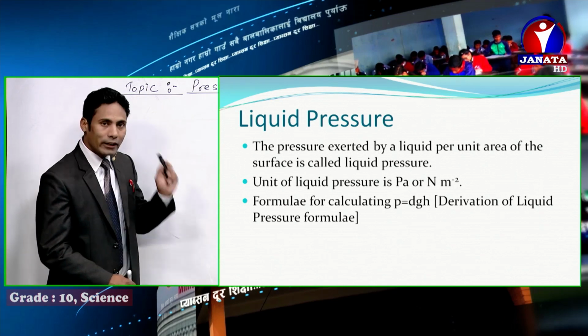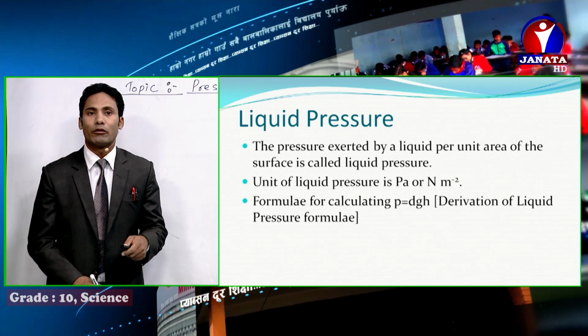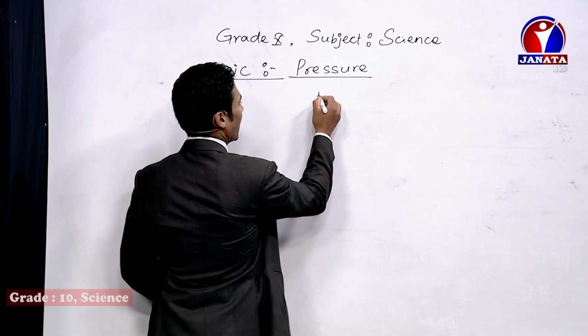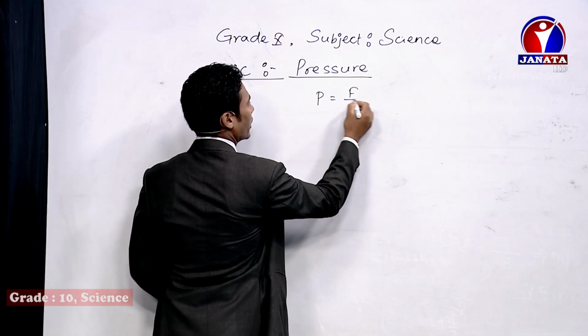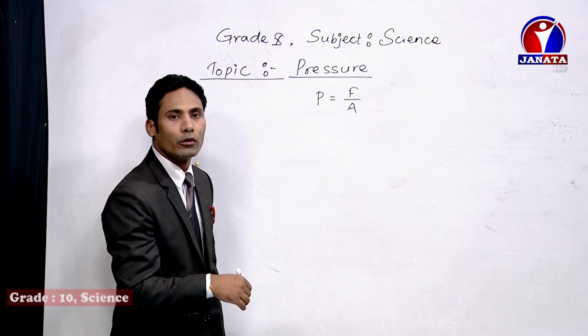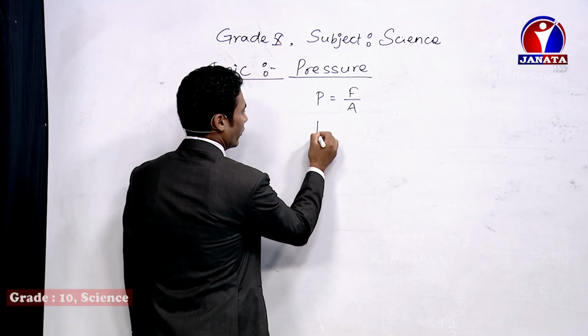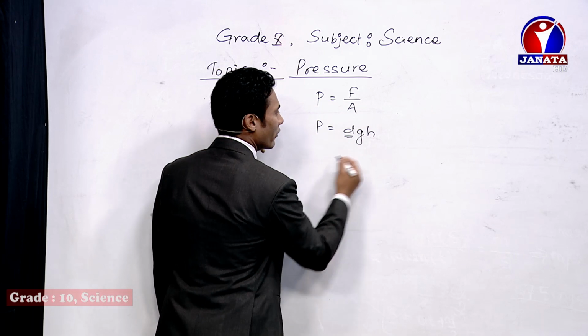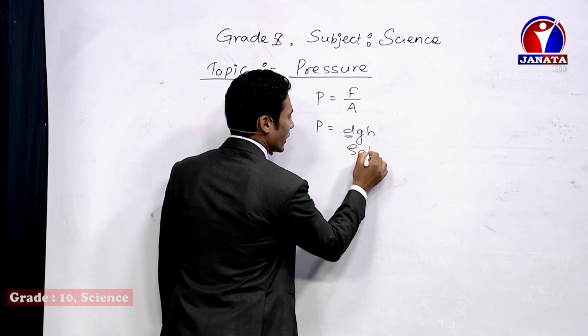And for calculating the liquid pressure, a modified formula is there. The pressure formula is P equals force per unit area, and for the liquid pressure a new formula should be derived. So we will write P equals d g h, which can be written as rho g h also.